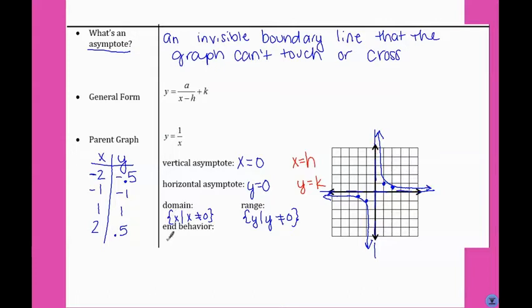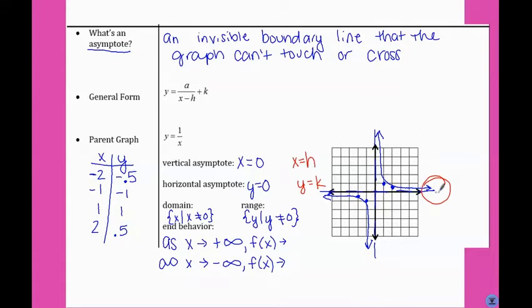Now for our end behavior, we're still going to use as x goes to positive infinity and as x goes to negative infinity, what is f of x doing? And this is where f of x finally does something different than just go to positive infinity or negative infinity. If you look at the arrow on the very right-hand side, it's not pointing up and it's not pointing down.